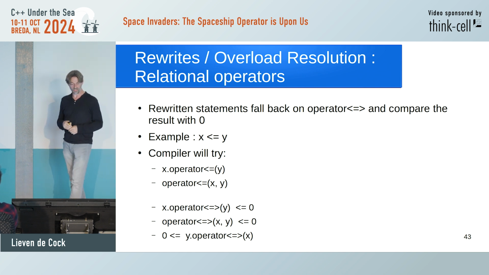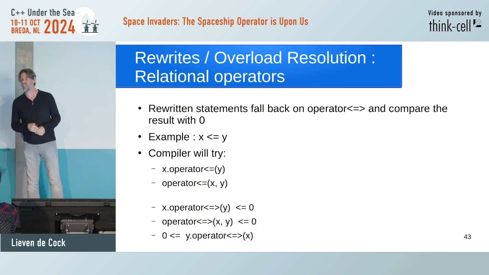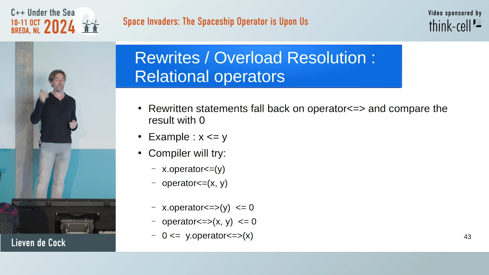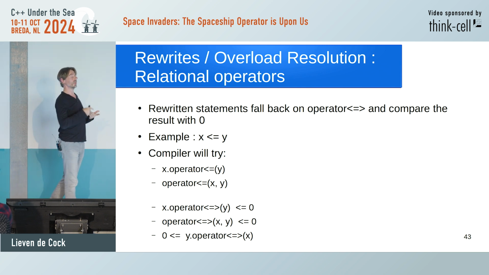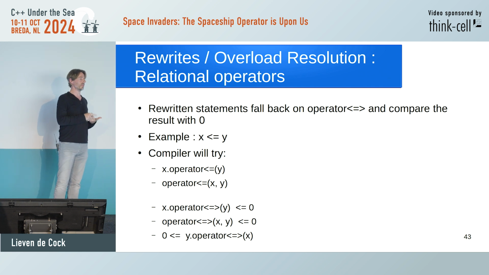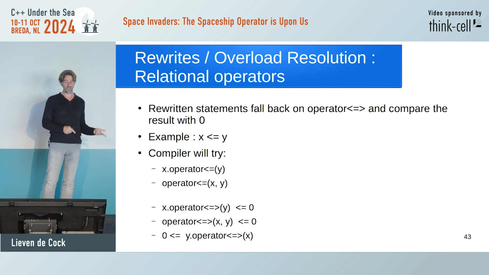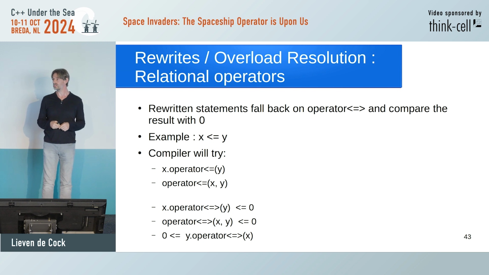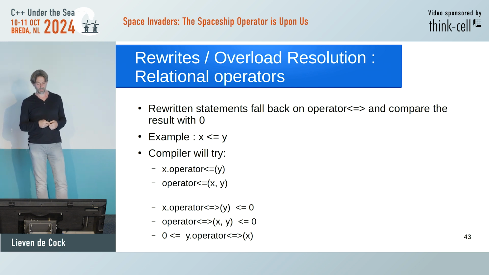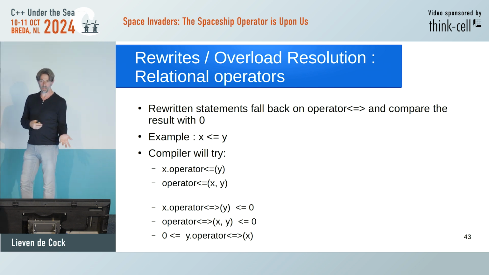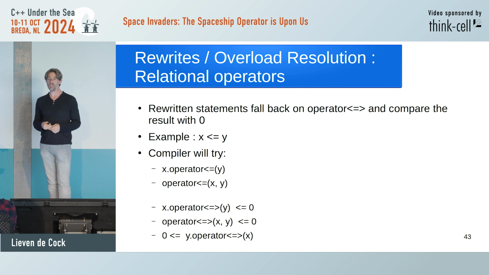So let's try the same exercise with the less than, so with the relational operator. First thing the compiler is going to try is that less than operator present on the X type, taking a Y? If so, that's the one we use. If not, let's try a freestanding one, taking an X and a Y. If that's not there, spaceship operator on the X type taking a Y and compare it to less than or equal to 0.